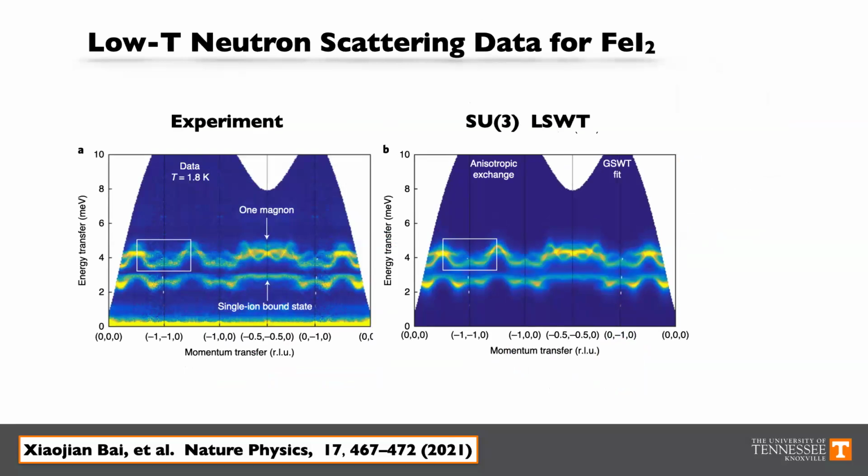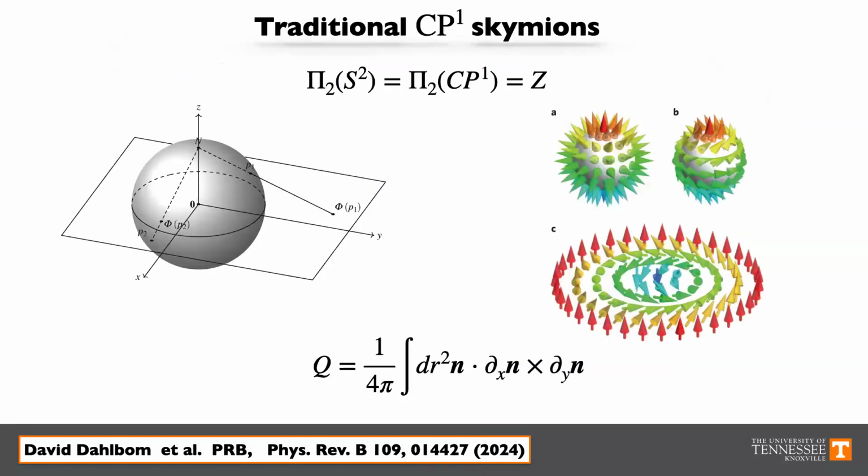Anyway, so now why do I care about nonlinear effects? Well, some of the nonlinear physics of these systems is topological solitons. We know since 2008 that magnetic skyrmions can appear in condensed matter physics.